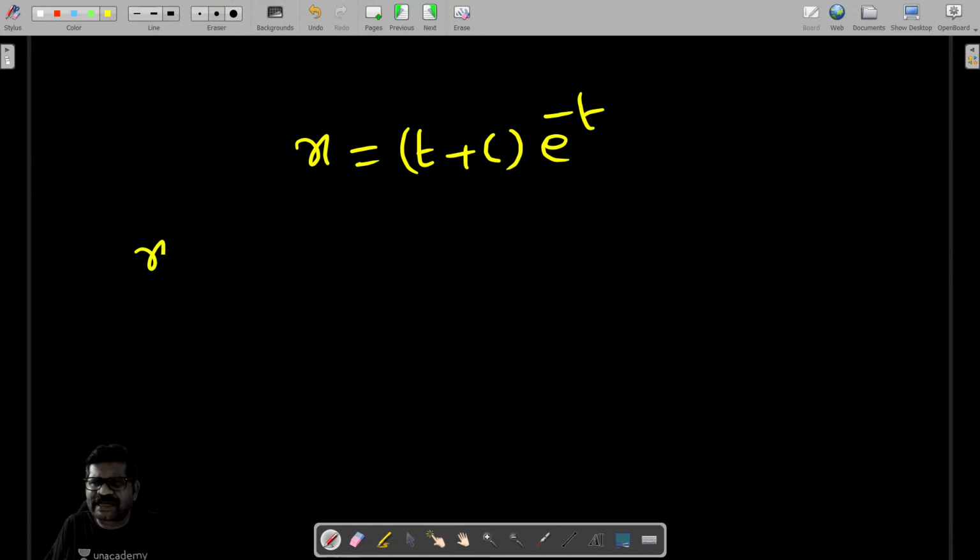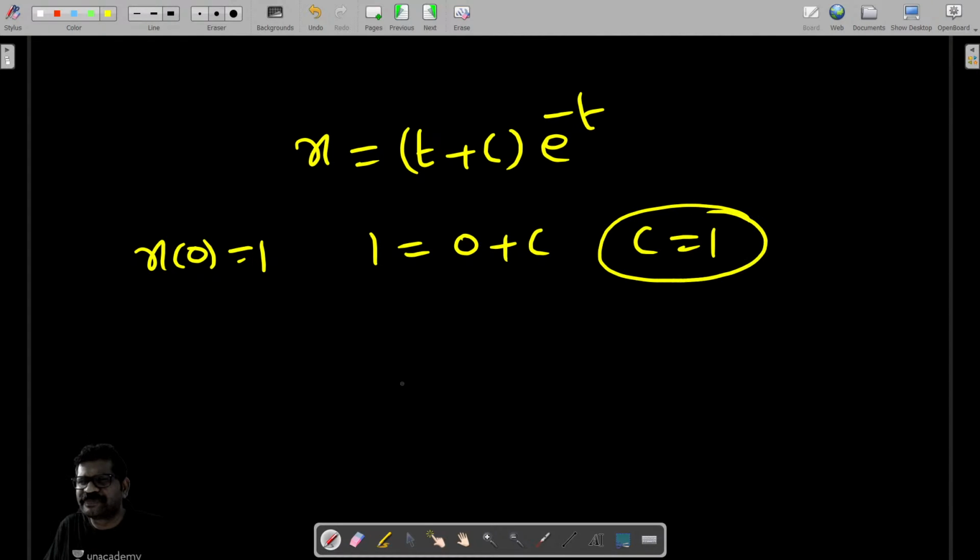Now x of 0 is 1, that is 1 is equal to 0 plus c into e power 0, which implies c equal to 1. Therefore x is equal to t plus 1 into e power minus t.